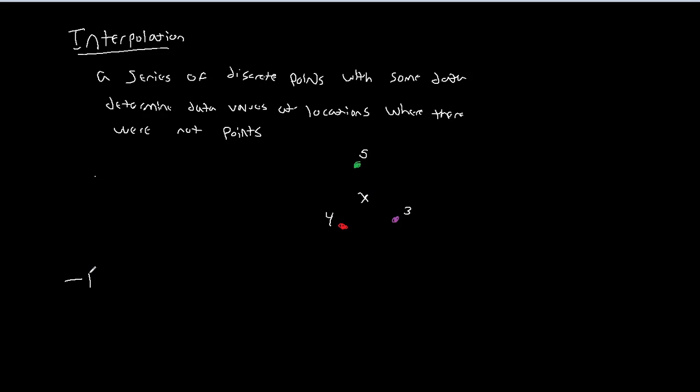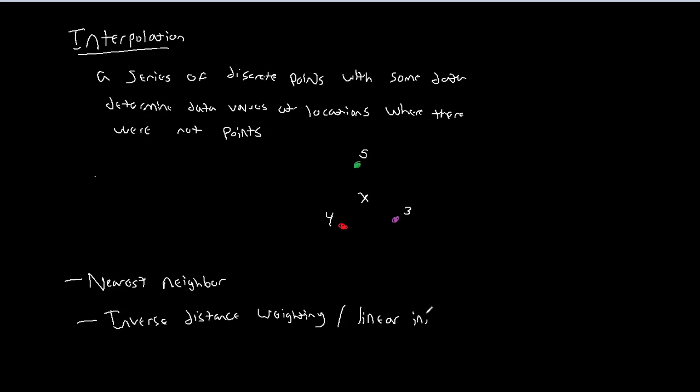We're going to talk about nearest neighbor, we're going to talk about inverse distance weighting, which will lead into this idea of linear interpolation. And then we're going to wrap up talking about kriging.